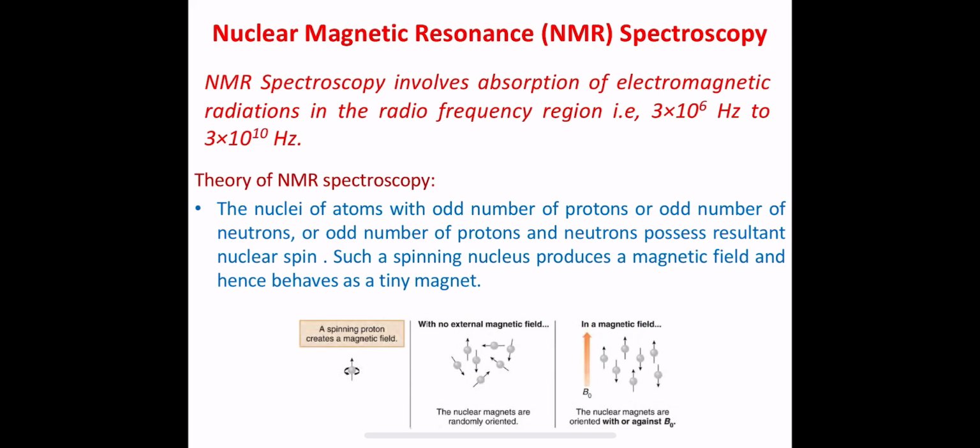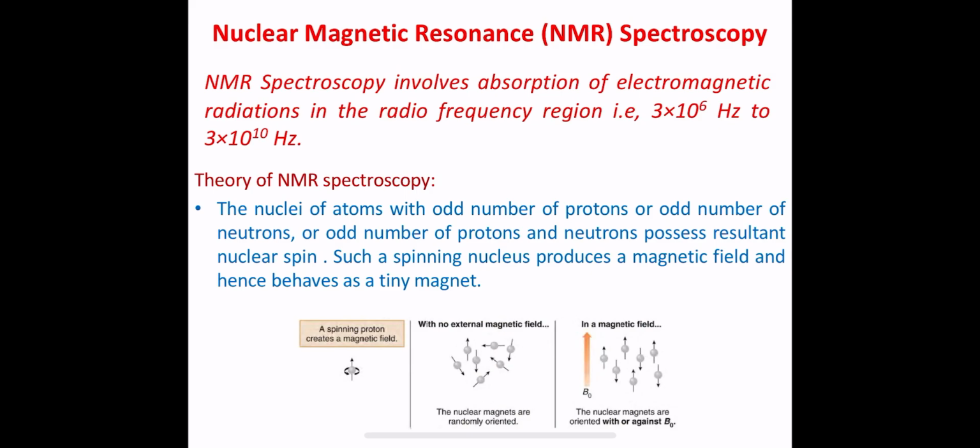Proton NMR will give the count of how many protons are present, and C13 NMR will give how many carbons are present in that particular organic compound, and also in what sort of environment those protons and carbons are located, and what neighboring atoms or groups are present. All this structural analysis can be done with the help of nuclear magnetic resonance spectroscopy.